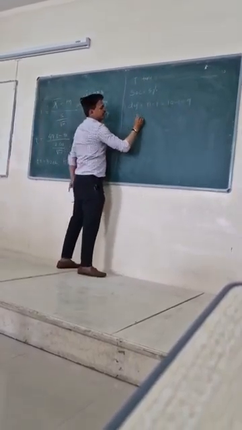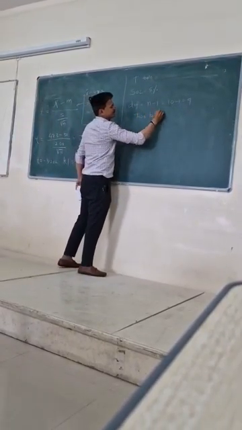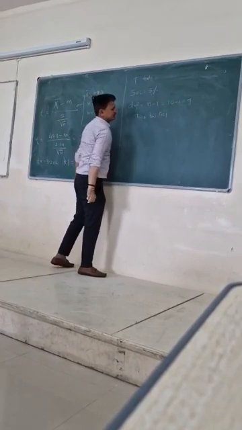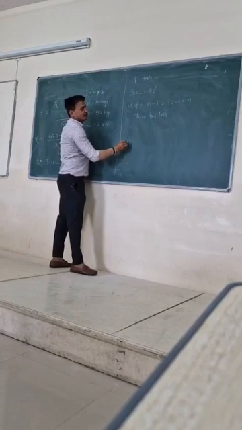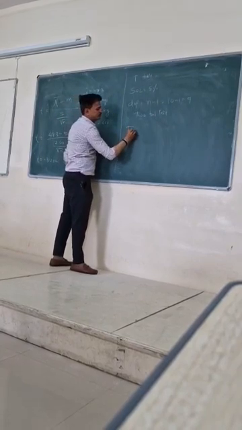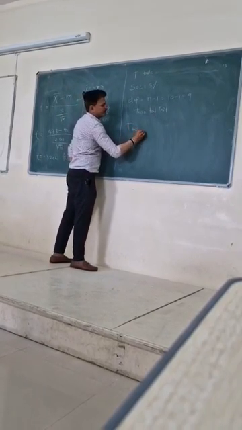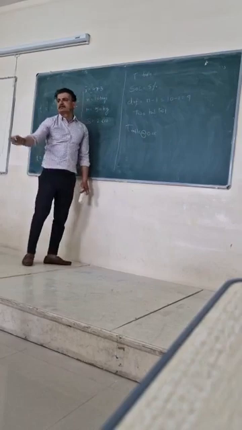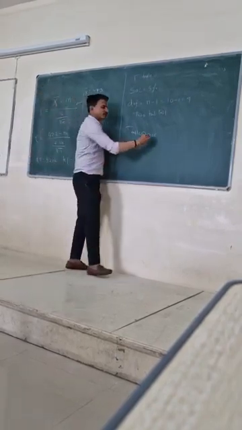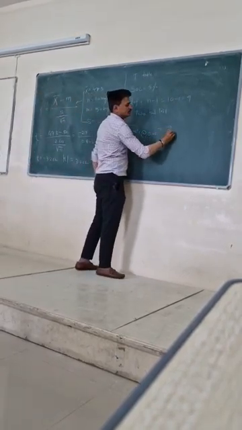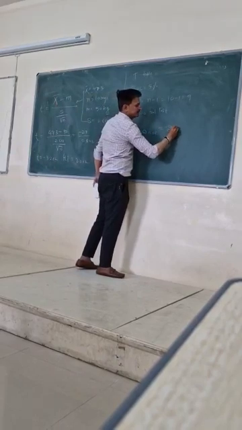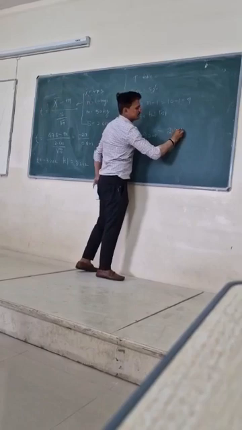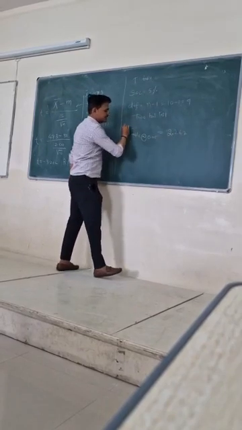Go to the two-tailed test and check the table value. What is the t table value at the 0.05 significance level? 2.262. So this is our table value.